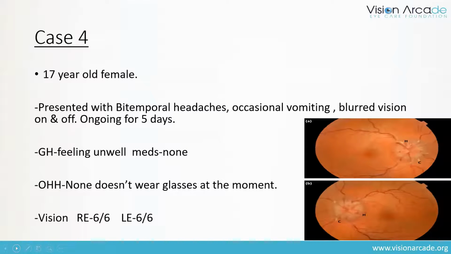So this 70-year-old female presented with bitemporal headaches, occasional vomiting, blurred vision on and off, ongoing for 5 days, general health feeling unwell, not on any medication, and doesn't wear glasses at the moment, and vision is 6/6. What do we think is this presentation?